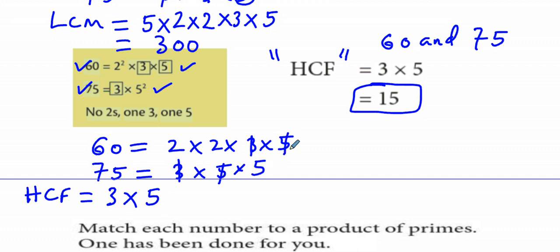How about this 5? We do not have another 5 in 60, so this one is not going to be common. Also, we don't have this 2 in 75. So for HCF, we look for common factors, and these are 3 and 5. Then when we multiply them, that will be equal to 15, and this will be the HCF of 60 and 75. So this answer was correct.